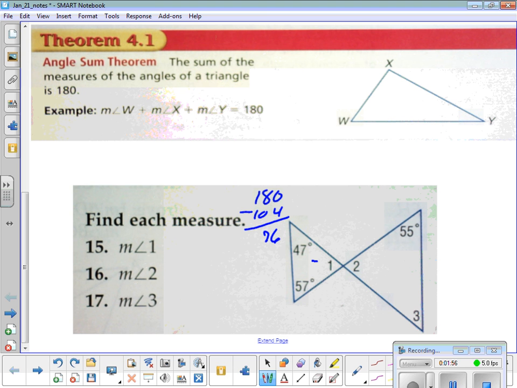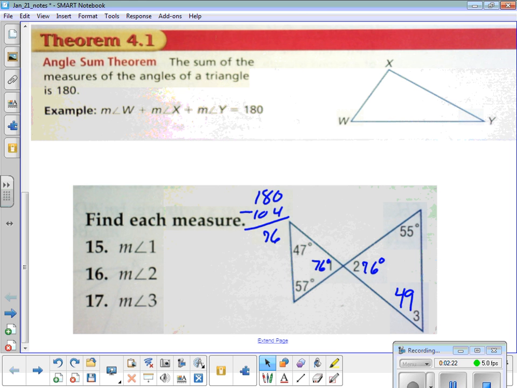So angle 1 is 76 degrees. Angles 1 and 2 are congruent because they're vertical angles. That means angle 2 is a 76 degree angle. So now I have a 76 and a 55 degree angle that need to add up with the third to 180. I would take 76 plus 55 and subtract it from 180, and that leaves me with a 49 degree angle. So there's how we can use the triangle sum theorem in a nice simple problem.